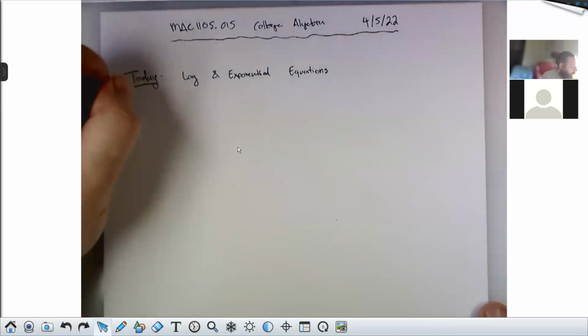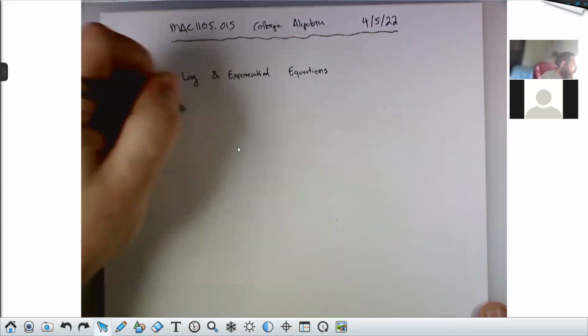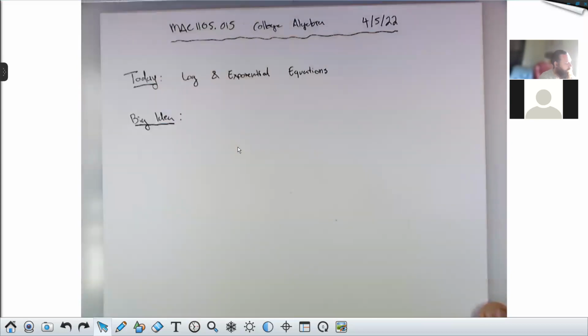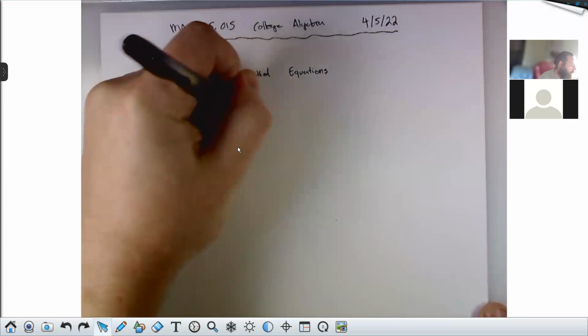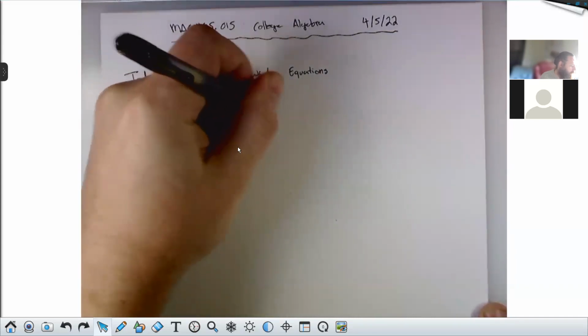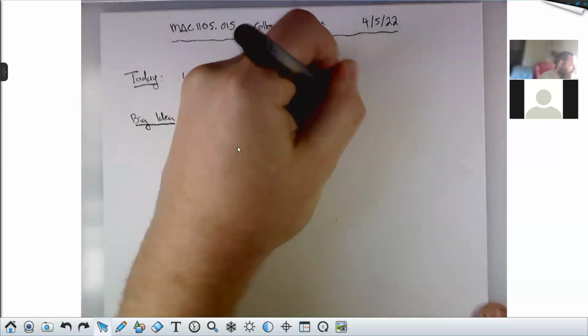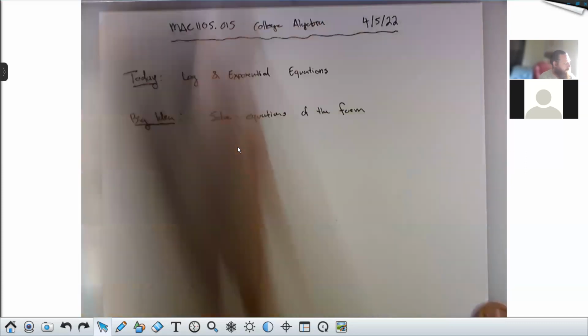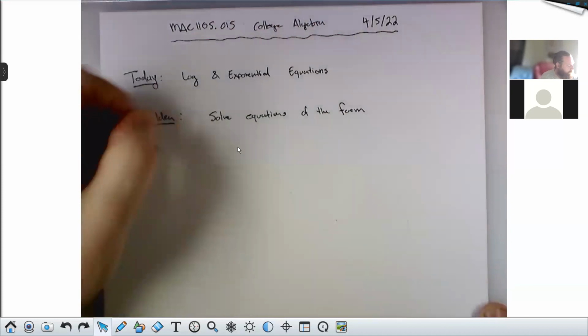So the big idea is to solve equations of the form, and I'll give a log equation and an exponential equation.